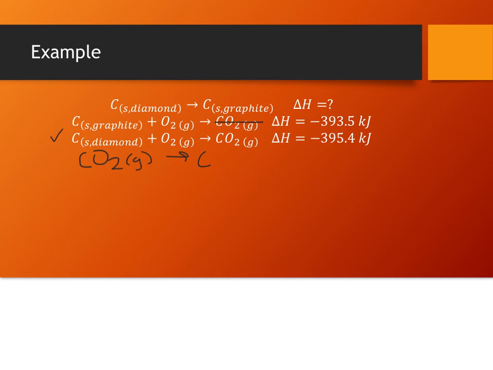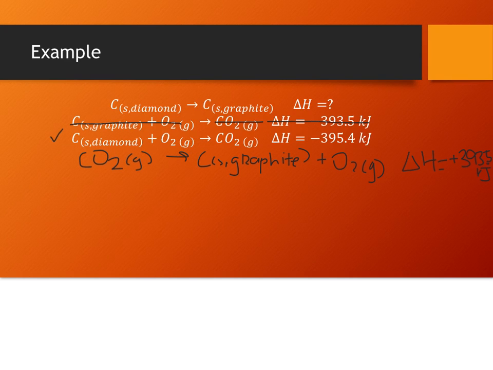And then I write my reactants: C, graphite, plus O2 as a gas. And then my delta H goes negative. Okay, that is supposed to be the negative of that.